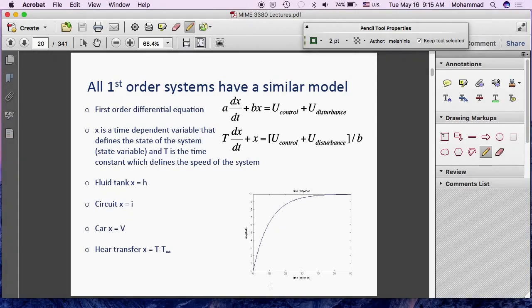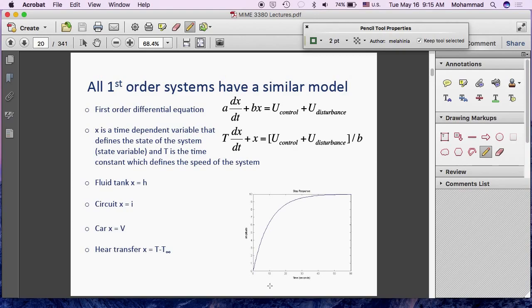So we have so far looked at 4 different physical systems: a fluid flow, a motion, a heat transfer, and an electrical system. All of them could be written as a first order differential equation, and all of them would have this form.